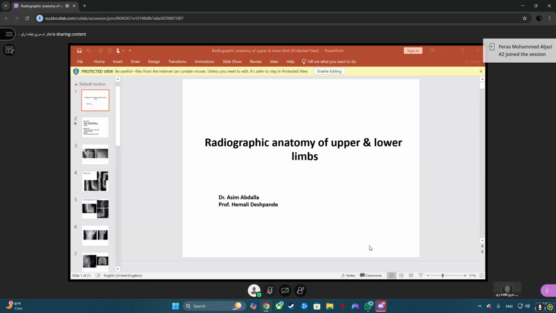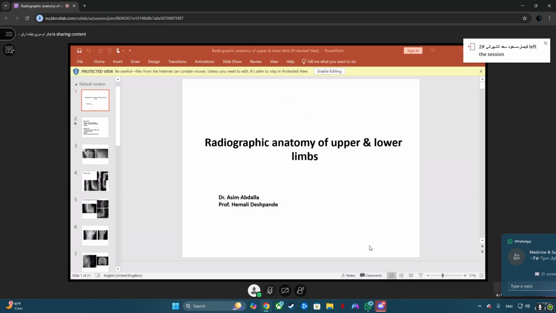In the hospital, you may get an X-ray like this. The intention is that you should be able to read X-rays in future. That's why you are learning the basic joints and bones of the upper limb as well as lower limb. This will help you in reading X-rays in future.